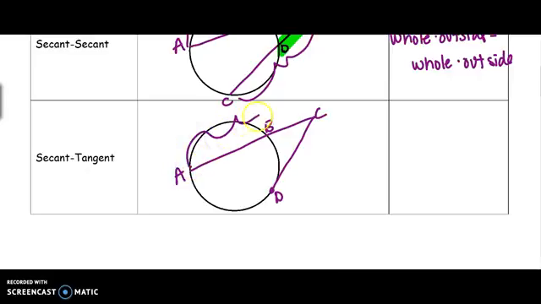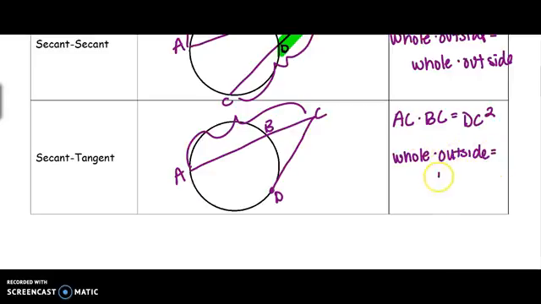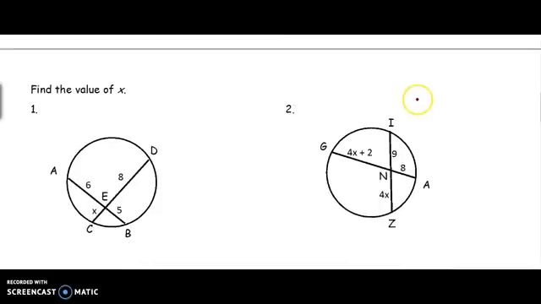So again, just like before, we're going to take the measure of the whole, AC, and multiply it by the outside piece, BC. But because we don't have a whole and we just really have that outside piece, we're going to take the tangent and square it. So this one would be whole times outside equals tangent squared.